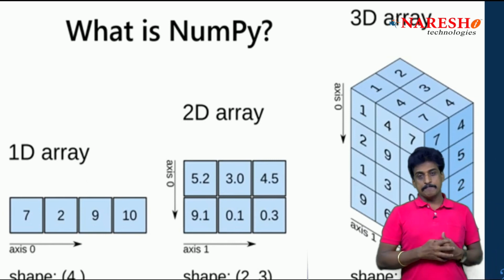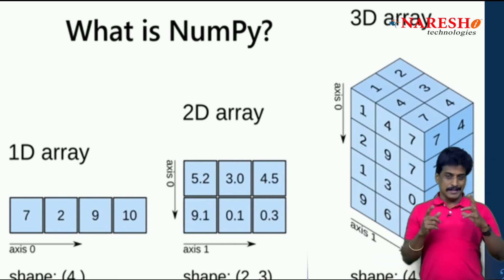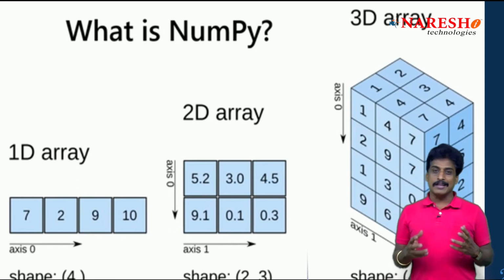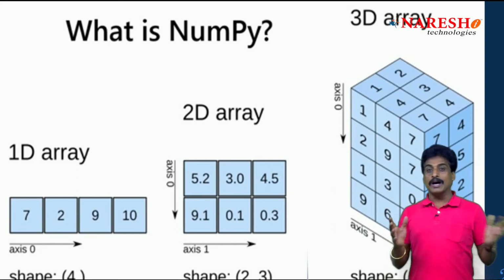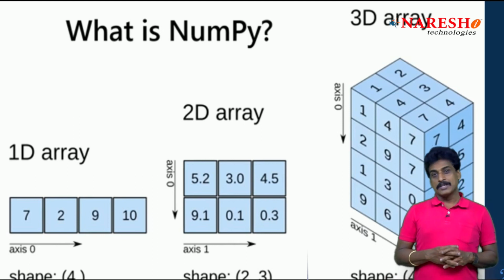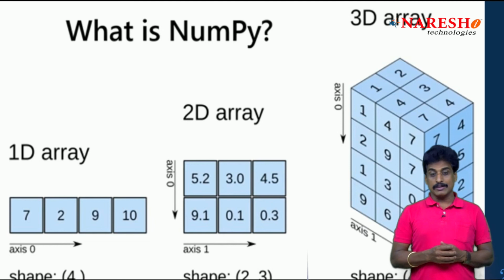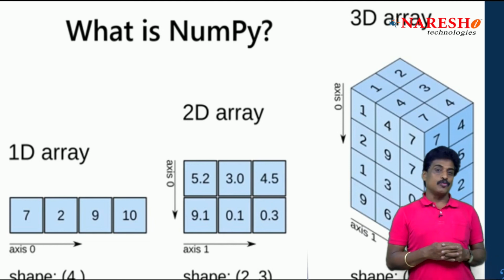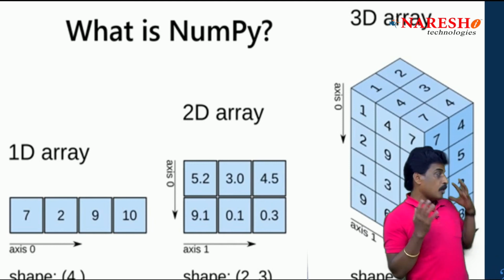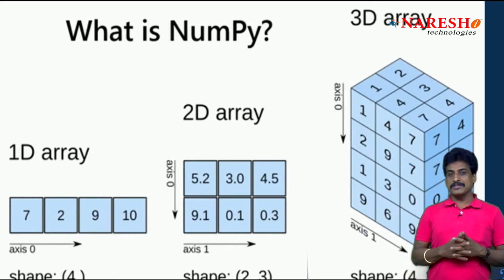Exactly, the matrices we later learned at the programming level as arrays. The same arrays at the advanced programming level in numerical Python we call Numpy. That is nothing but what we call dimensions. What these dimensions exactly are and what kind of data we can store, we'll see in upcoming sessions.